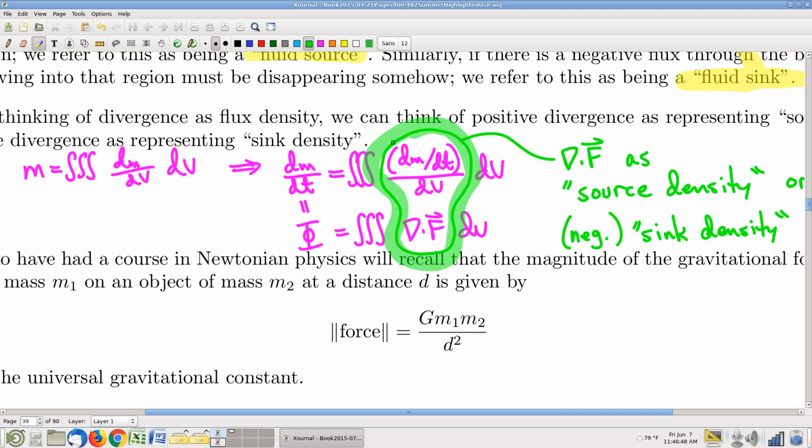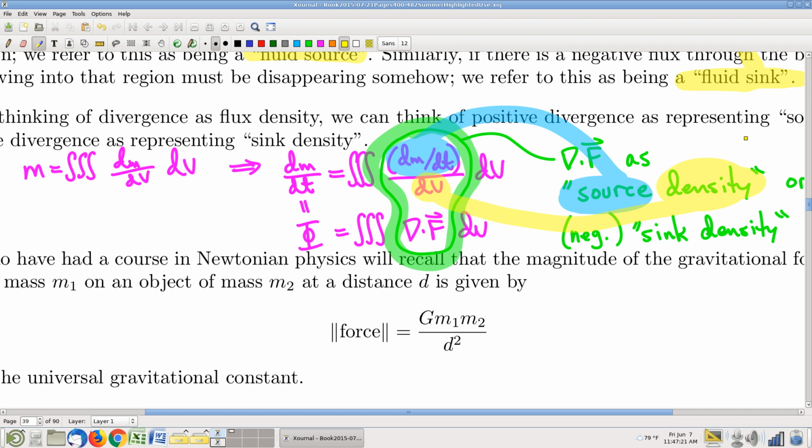That divergence is somehow detecting how much of a mass source is there. How much mass per unit time? Mass per unit time says how much of a source of mass is happening, and then of course it is per unit volume. So it's a density. So you can think of divergence as being source density.